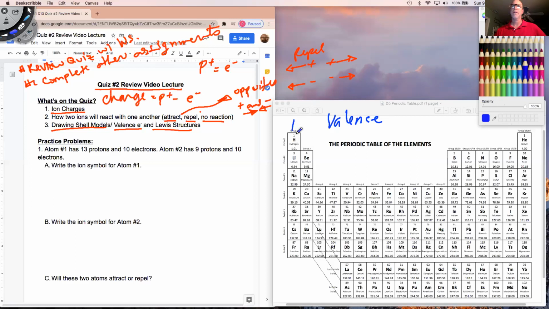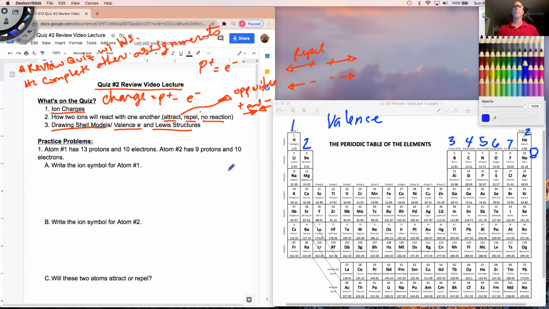So this column here had 1 valence electron. That column had 2, 3, 4, 5, 6, 7, and from neon down was 8. But then helium only has 2 valence electrons because it only has 2 electrons to begin with.